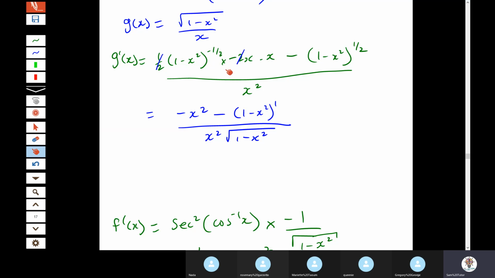Now you do it slowly if you want. So you bring it down, make it a common denominator, and I'll wait for you until you get to this line. So you do it slowly.